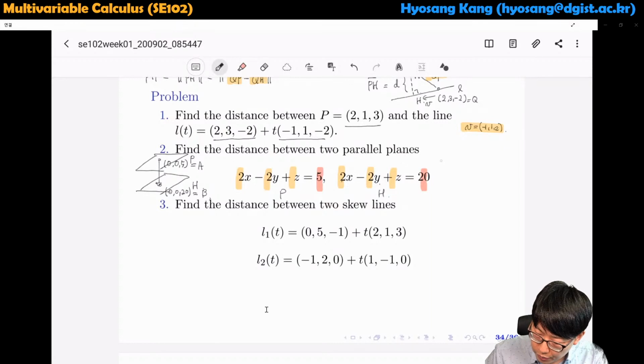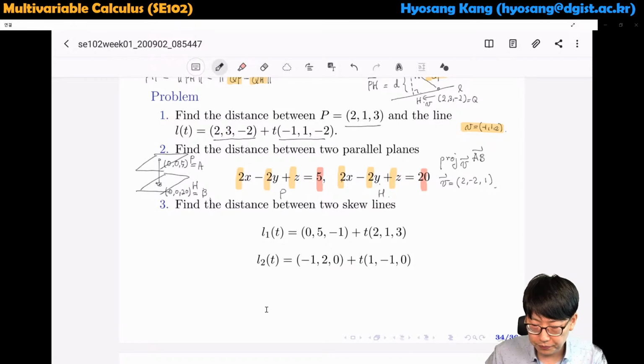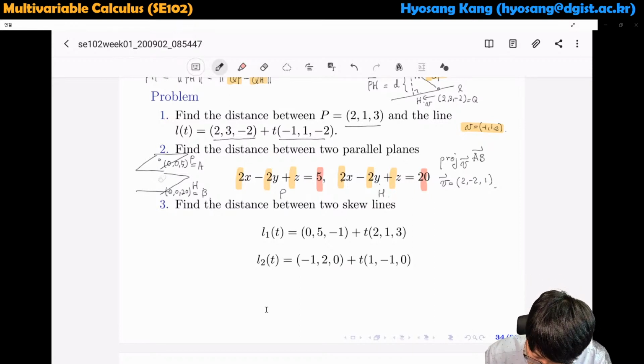I want to project my AB vector onto the normal vector of these two planes, where V is (2, -2, 1). So I drew it in a slightly weird way, so let me draw this again.